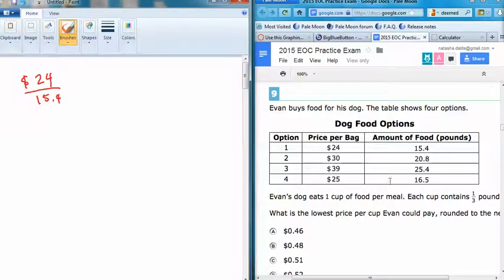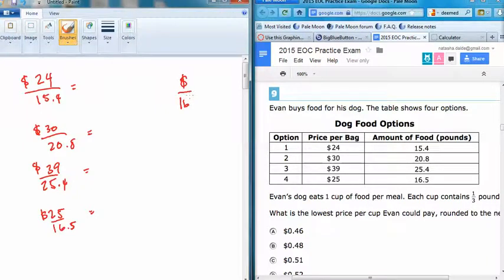And I would do that for each of these. So let's see, $30 for 20.8 pounds, $39 for 25.4 pounds, and $25 for 16.5 pounds. I would figure out what each of those is, and this would give me dollars per pound.